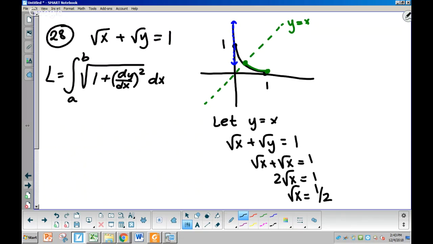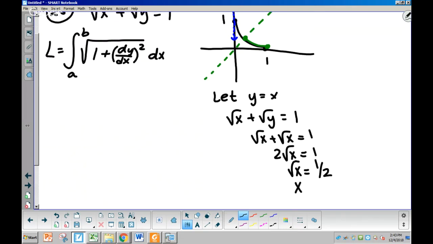What does x equal? X equals 1/4. Well, guess what? Y also equals 1/4, yes? So this point is 1/4, comma, 1/4, which is not what you would expect. You might want to expect it to be 1/2, right? It's not.